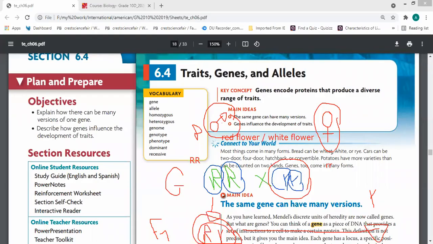The second generation is by the self-pollination of the first generation. First generation are R capital R small, and R capital R small, the cross between them, male and female.